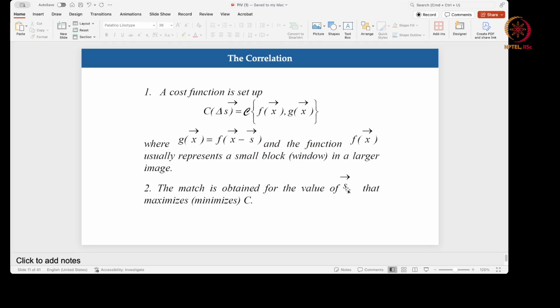The match is obtained for the value of s that maximizes this cost function c. So that is the most probable match.